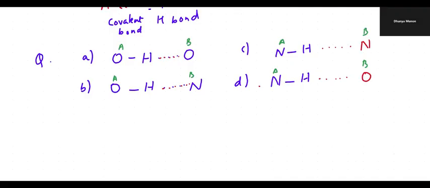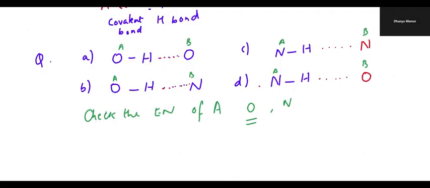Obviously, here there is no fluorine. Here we check the electronegativity of A, the A atoms. In the A atom, the choices are between oxygen and nitrogen. Among oxygen and nitrogen, who has higher electronegativity? Oxygen.